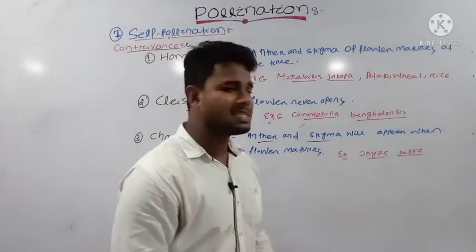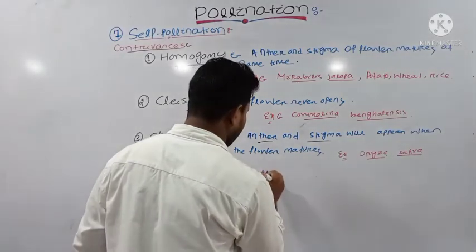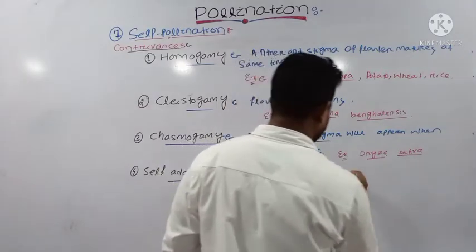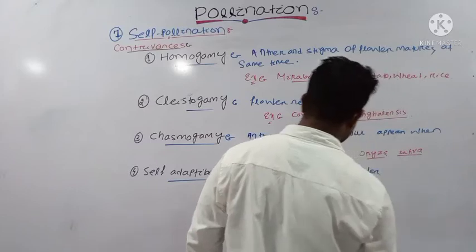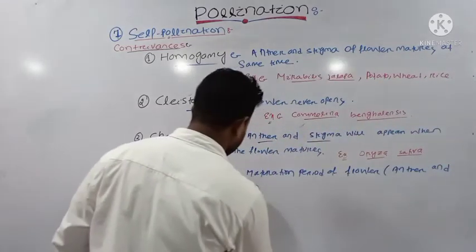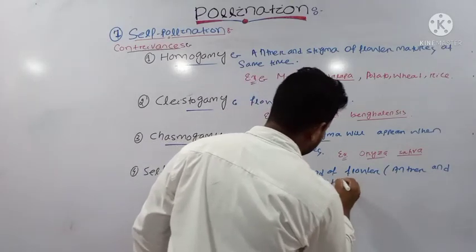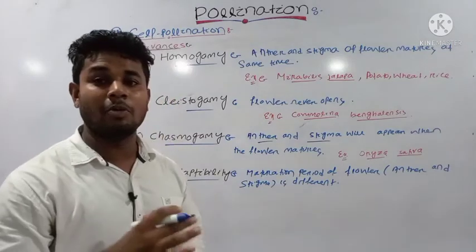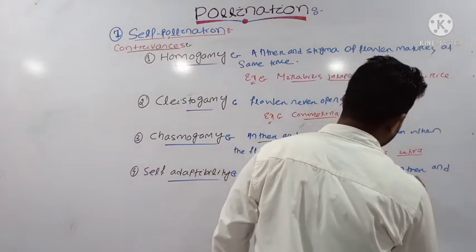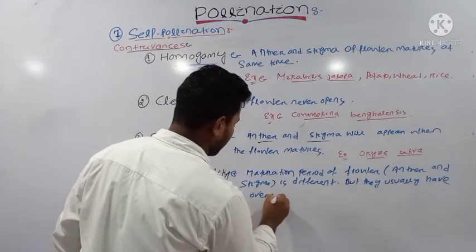What we will find here is that the maturation period of the anther and stigma will be different, but they usually have an overlapping period. Clear?